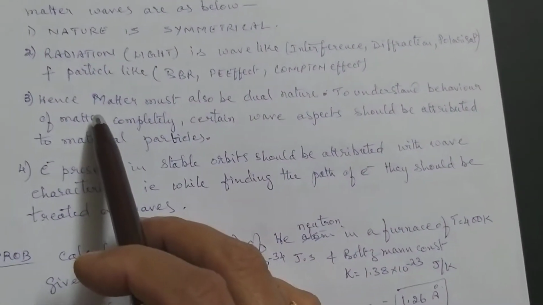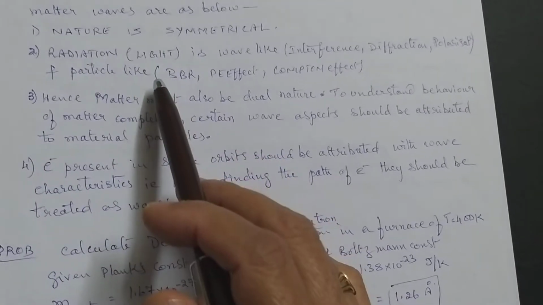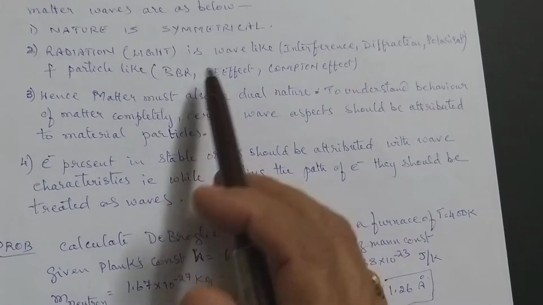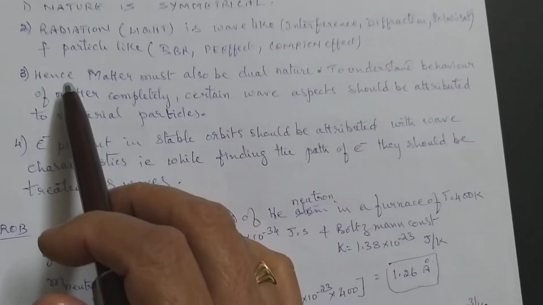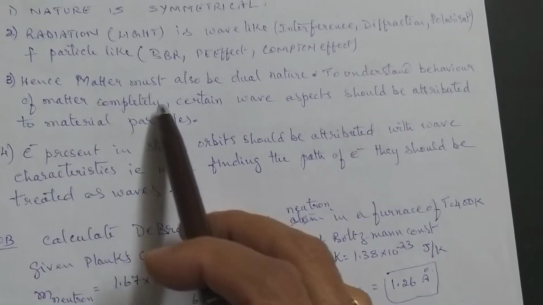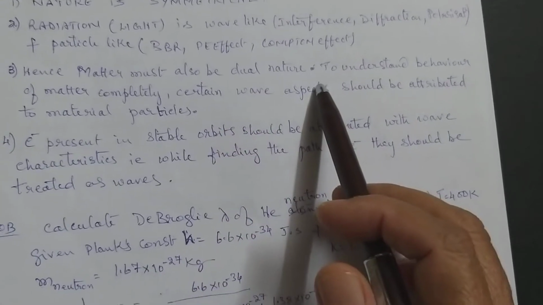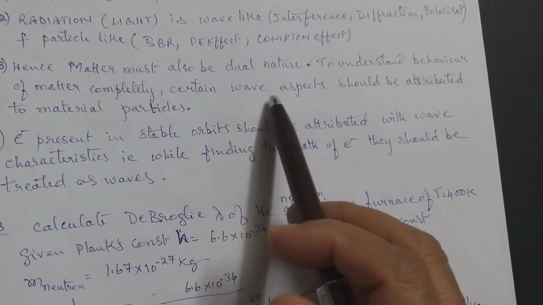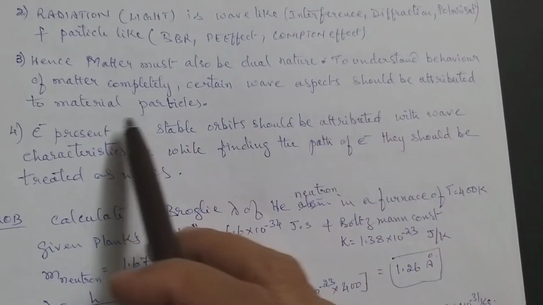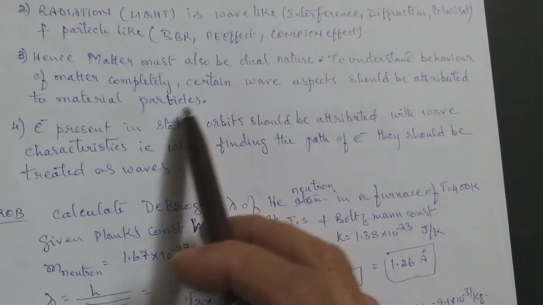Second, nature is symmetrical, so if waves are particle like, then matter must also be wave like. That is what he proposed. Hence matter must also have dual nature, and to understand the behavior completely, certain wave aspects should be attributed to material particles.